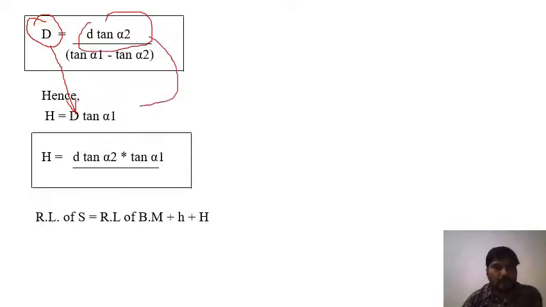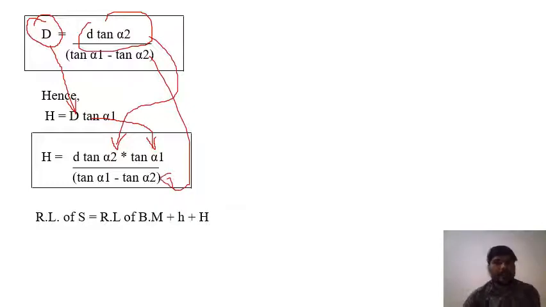Okay, now tan alpha over there, and then the rest is here. So that is equal to small d tan alpha 2 into tan alpha 1, divided by, in brackets, tan alpha 1 minus tan alpha 2.